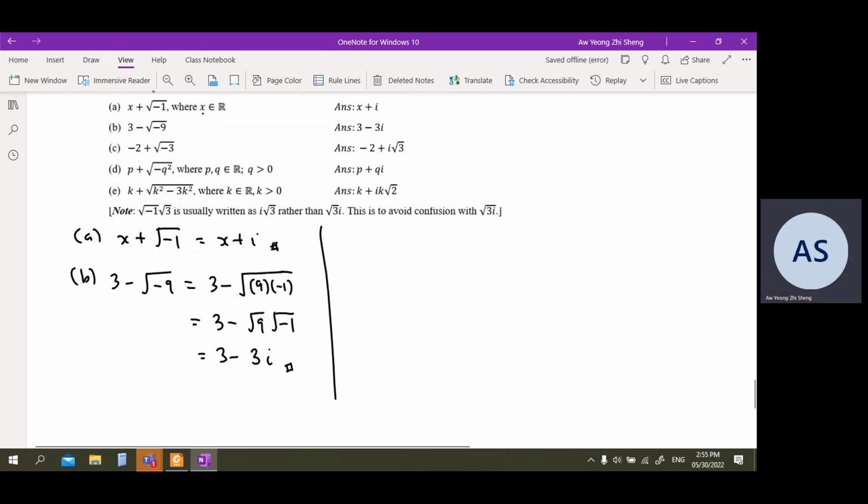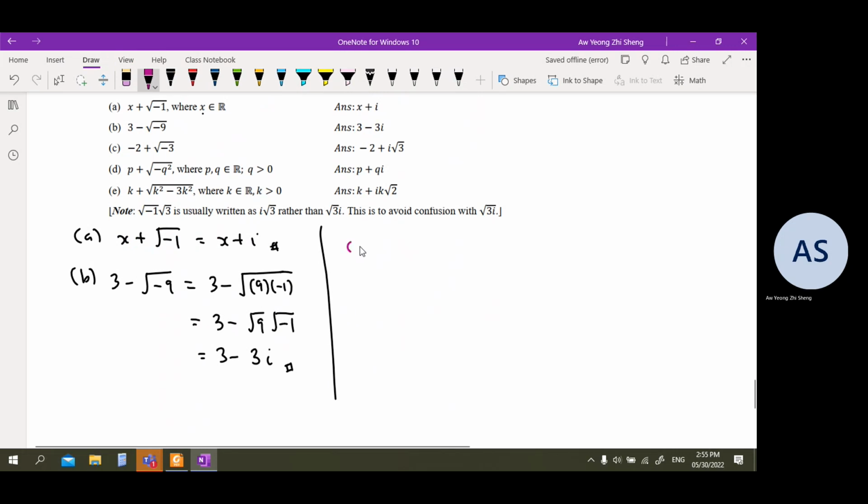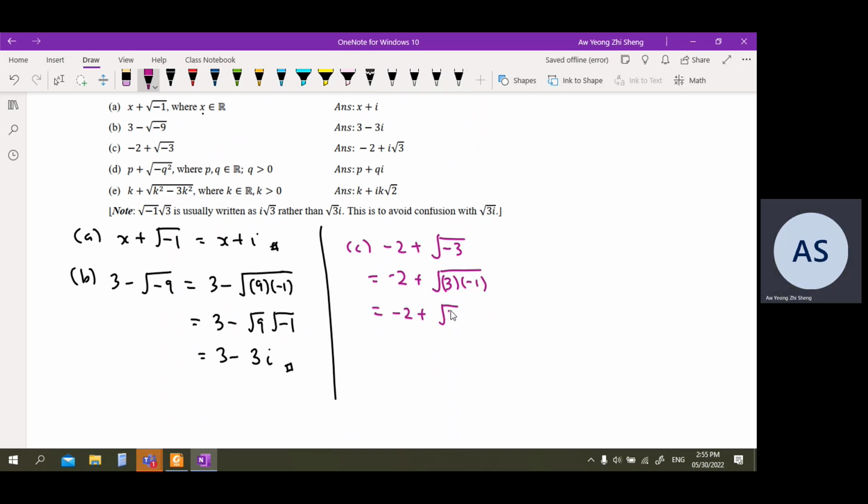Next, moving on to part C: -2 plus square root of -3. So this one I write as 3 times -1, and distribute my square root over the product. Surd 3 remains unchanged.